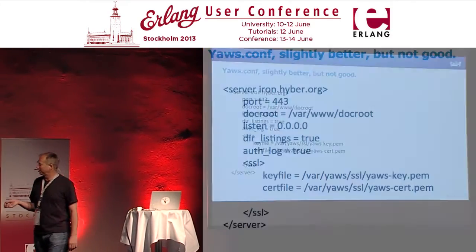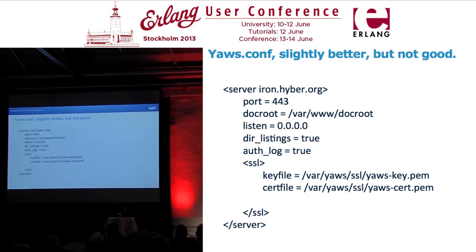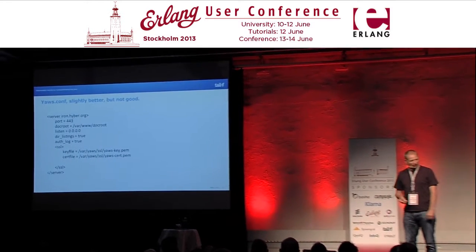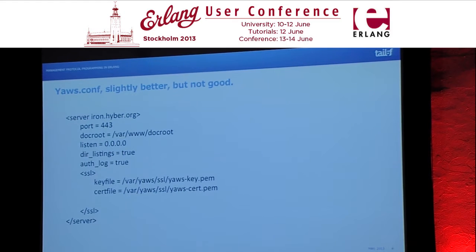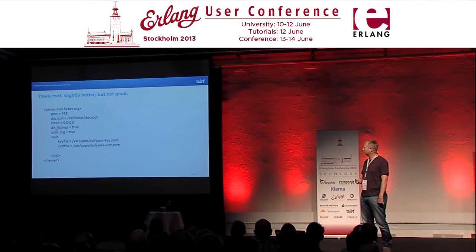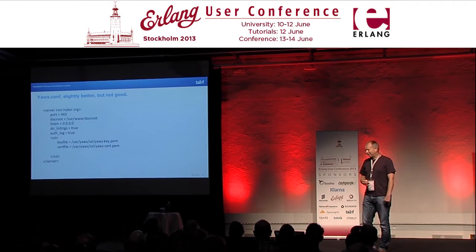Slightly better, but still not good. This is from jaws.conf. Jaws is another of my projects which I started many, many years ago, and this is not my finest moment. It's ages ago, and it looks as if it's some kind of XML-ish thing. I'd probably seen XML, but didn't grasp it at the time. Horrible.